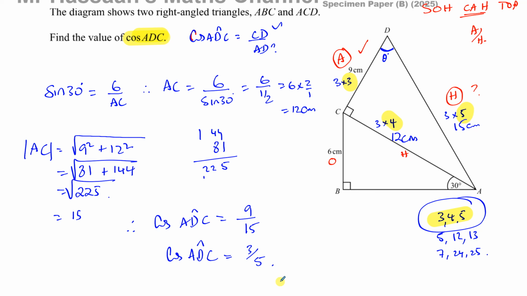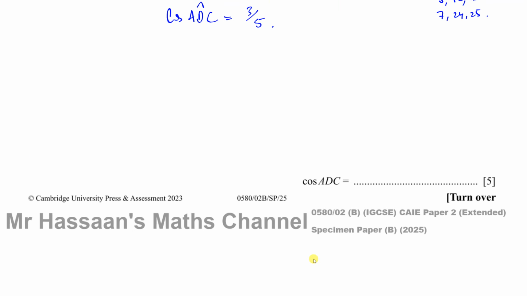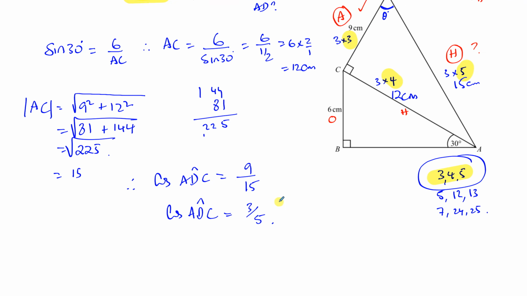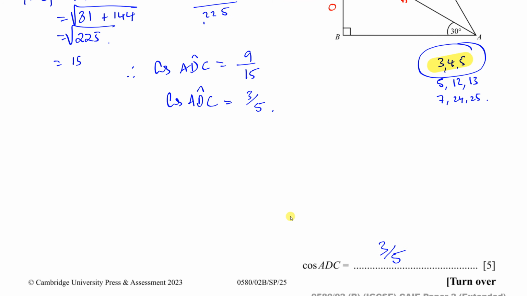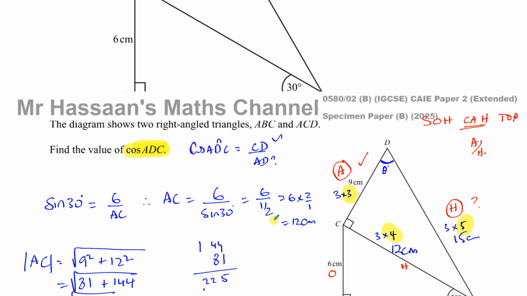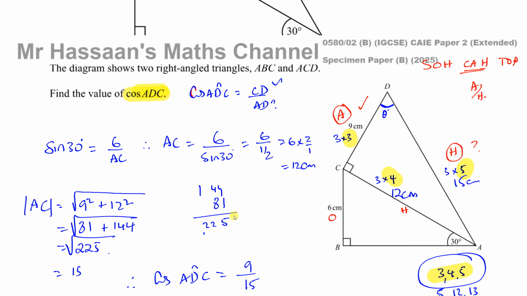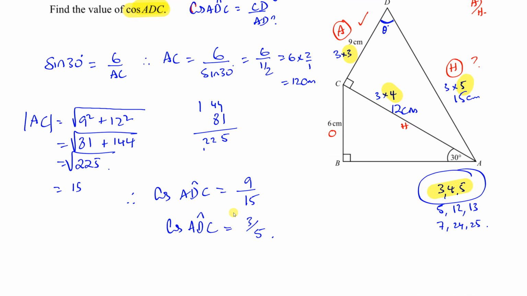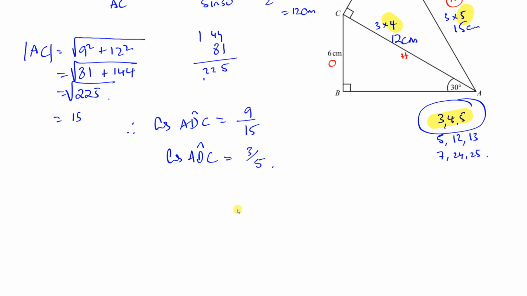A lot of people will go on to try to find the angle ADC, which of course you won't be able to do in this paper because you don't have a calculator and you get confused. No, they're only asking you for the ratio of cosine of ADC, not for the value of the angle. But what we needed to know was the value of the sine of 30 degrees. Okay, and the table I drew earlier hopefully will be useful for you in answering such a question.